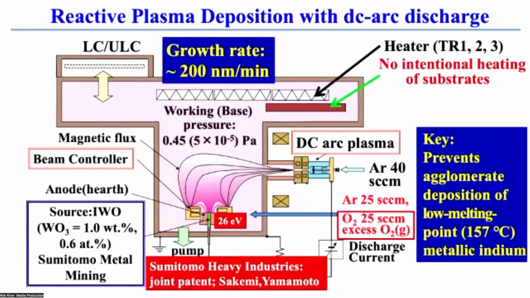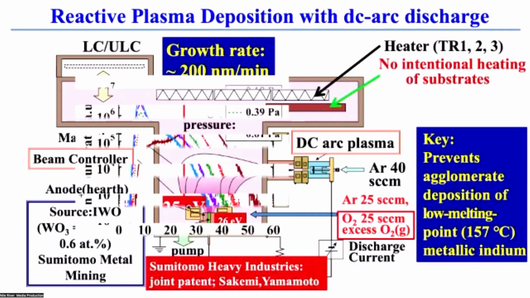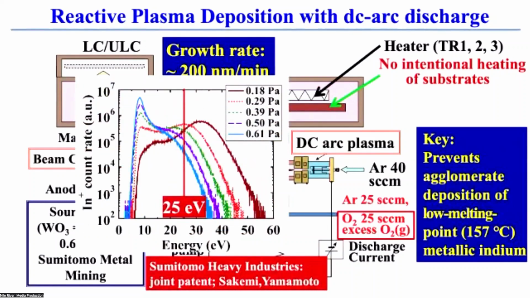And this is a schematic diagram of RPD. The point is to prevent agglomerate deposition of low melting point metallic indium at the interface of the films and the substrates. Another very important, critical technology is how to control the energy of the flying particles.